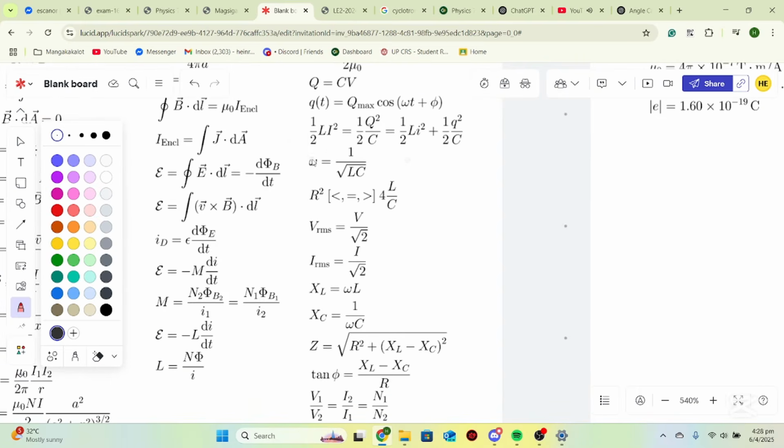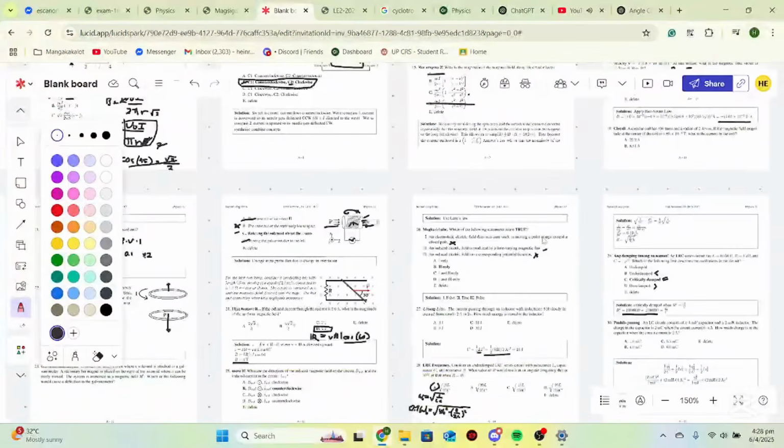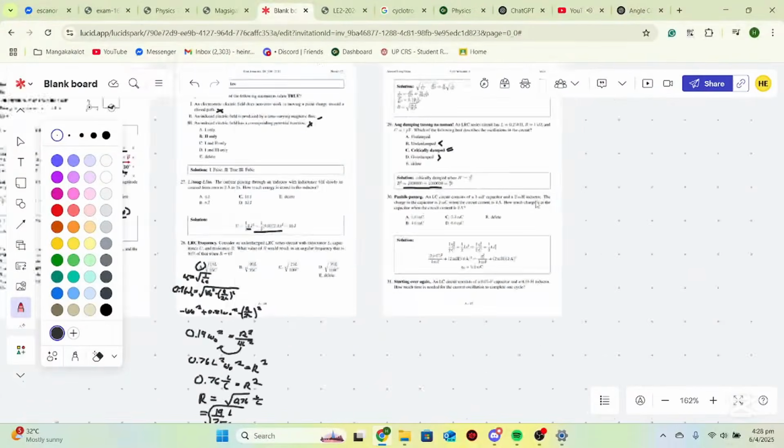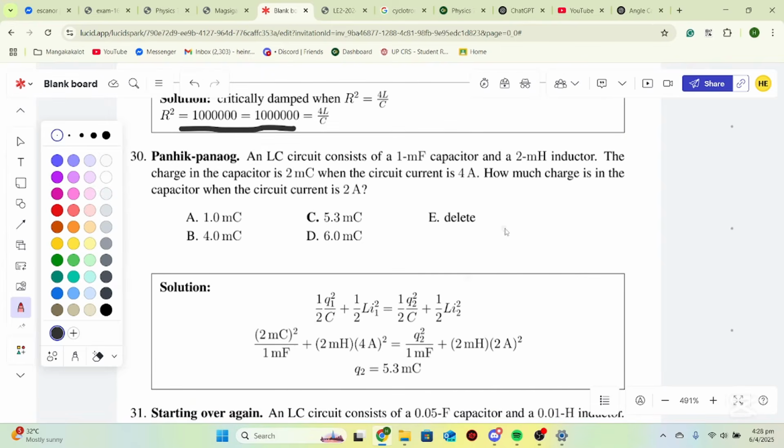We'll just be plug and playing. Q1 is 2 MC, C is 1 MF, L is 2 MH for Q2. We don't know. We want to find what Q2 is, with 2 amperes. The answer is 5.3 MC.